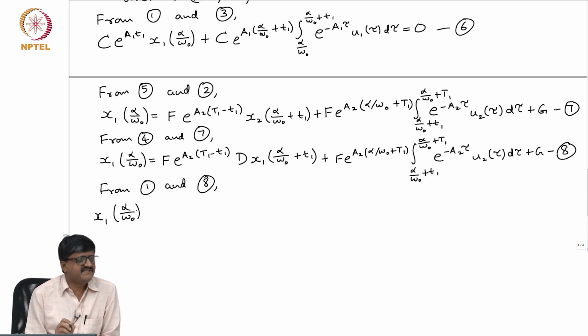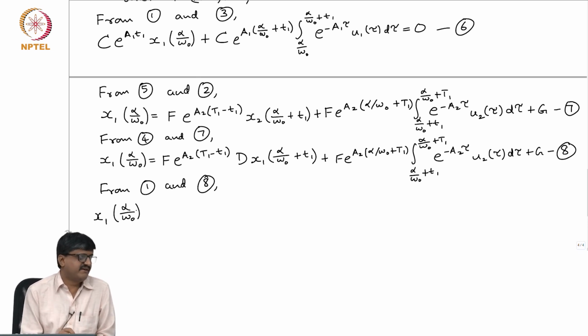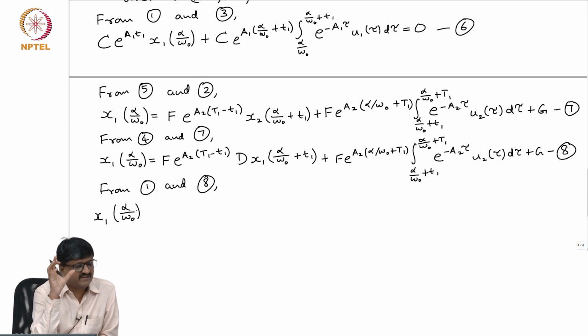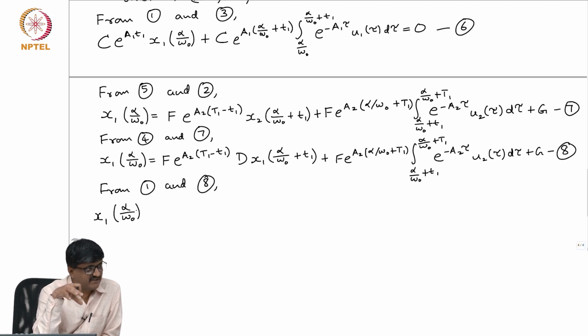See, finally our intention is to get the solution. Please note, the question is what are the quantities that are already known and what are the quantities that we need to determine. Obviously, we need to determine x1 as a function of time, x2 as a function of time, but are there some quantities which are unknown? That is the question. Okay, we will answer that question. Let me just do one more step and try to see.